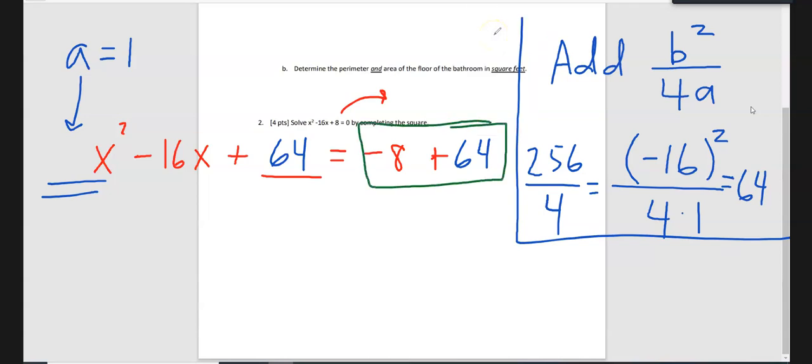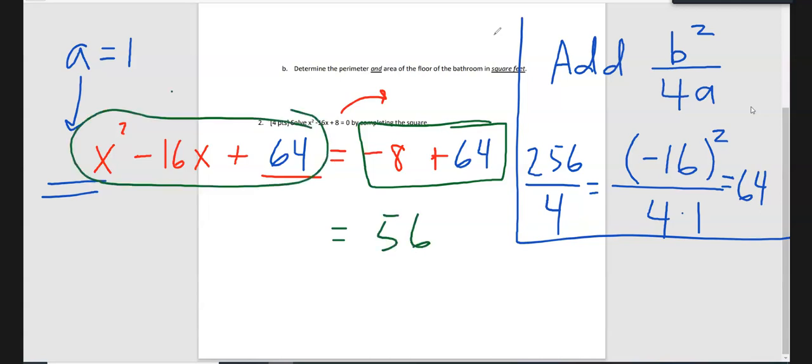Now, what do we have on the right side? Negative 8 plus 64. And what does that add up to? 56. Okay.